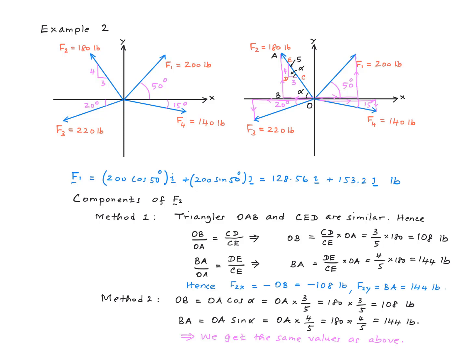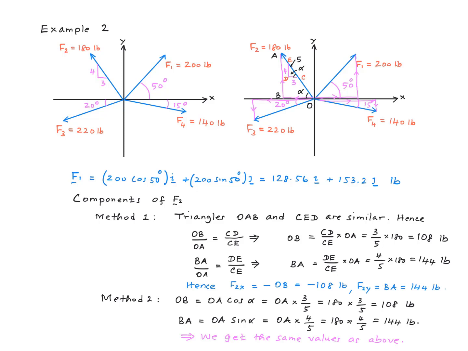So the x component of F2 is simply minus OB, because the arrow is pointing in the negative x direction, which works out to be minus 108 pounds. And the y component of F2 is simply equal to BA, which is 144 pounds.